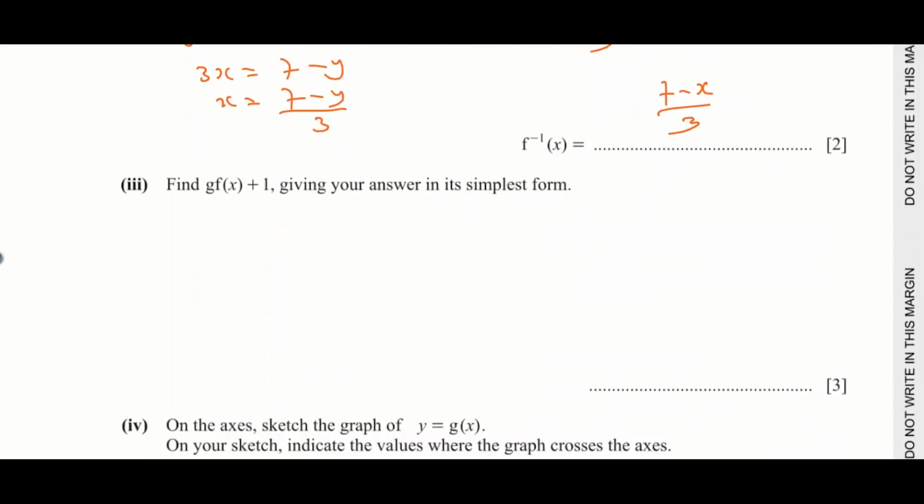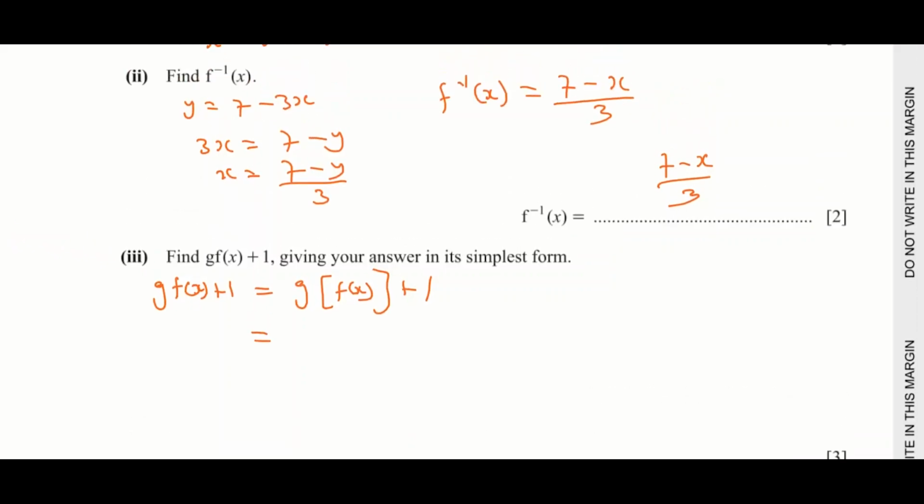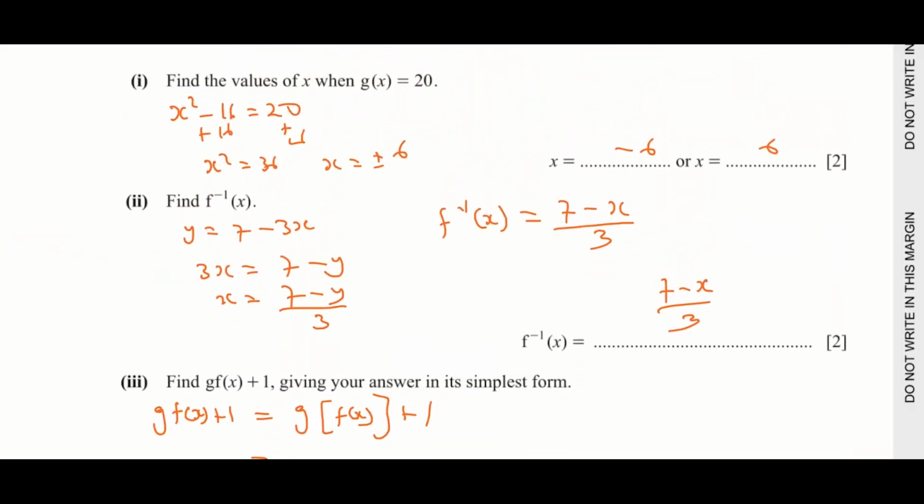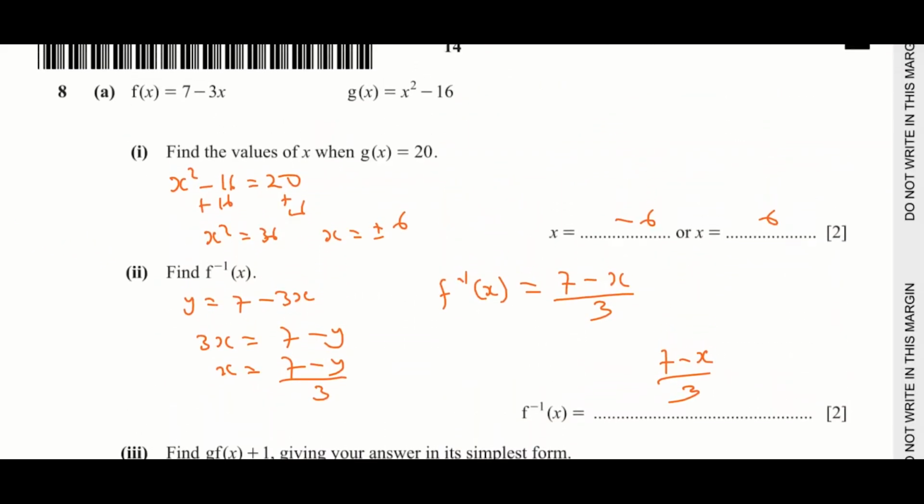So find g of f of x plus 1. So g of f of x plus 1 will be equal to g into f of x, then plus 1. We pass f of x into g as a variable.